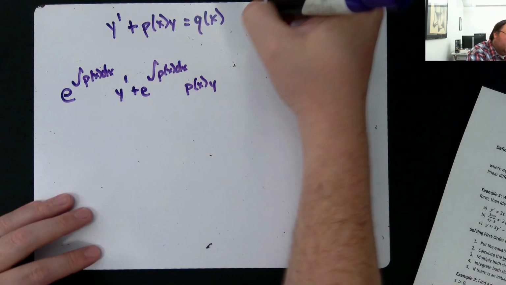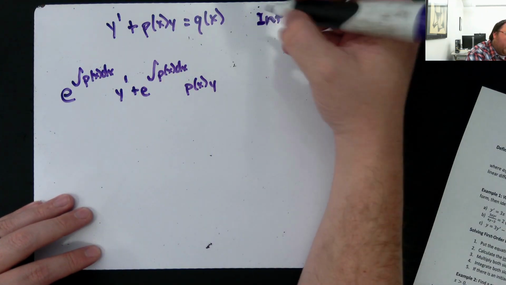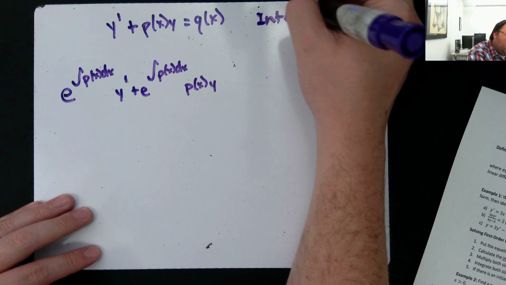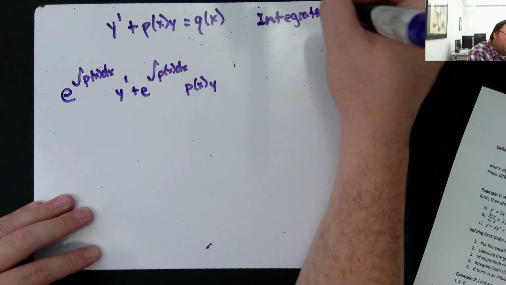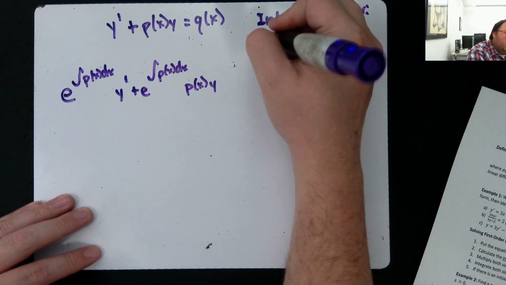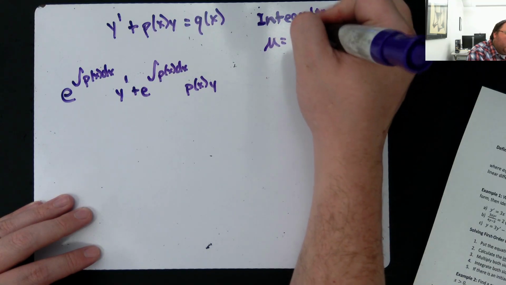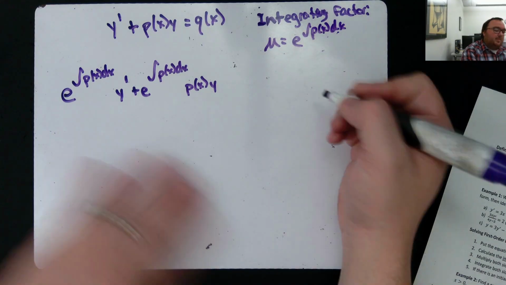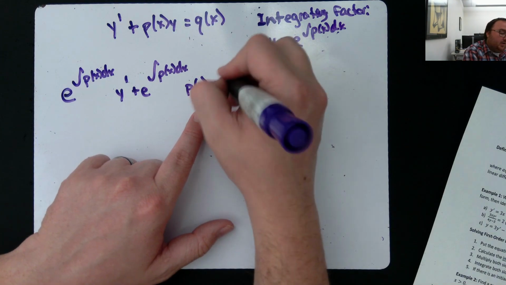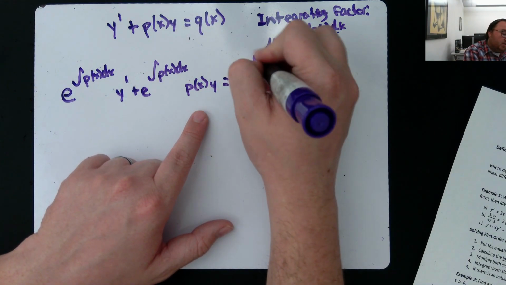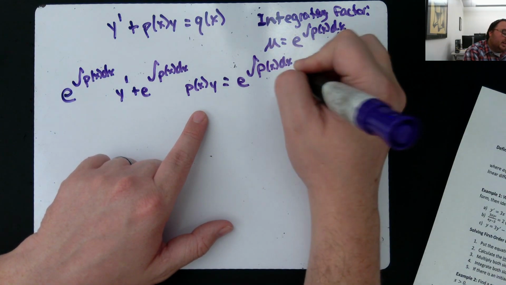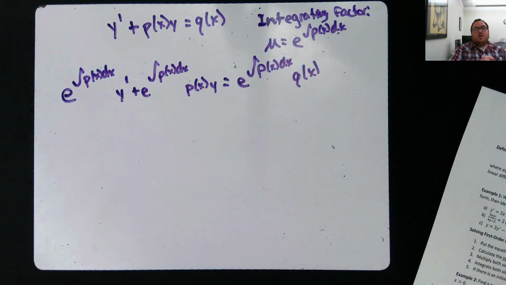I'm going to rewrite it really quick so I have more room. Mu equals e to the integral p of x dx. Times it by every term equals e to the integral p of x dx times q of x.